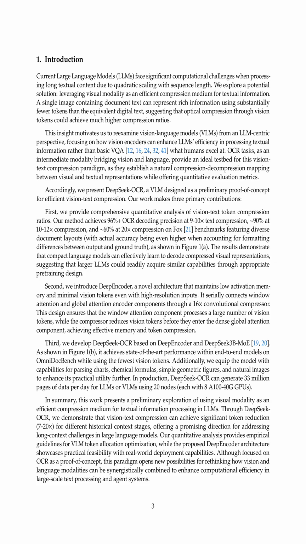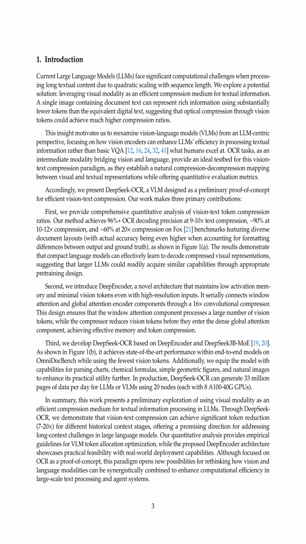This insight motivates us to re-examine vision language models, VLMs, from an LLM-centric perspective, focusing on how vision encoders can enhance LLM's efficiency in processing textual information rather than basic VQA, what humans excel at.